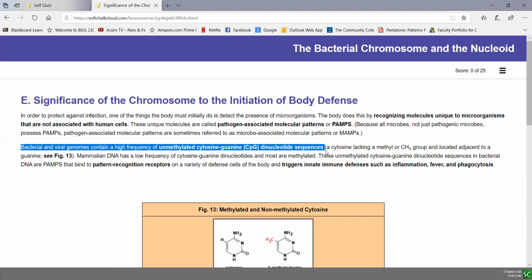These are terms that microbial geneticists come up with, god-awful long terms, but they make perfect sense. They're just god-awful long. So what this tells you is that cytosine guanine dinucleotide would be two nucleotides joined together, which would be cytosine followed by guanine. But in bacterial and viral genomes, that cytosine doesn't have a methyl group attached.